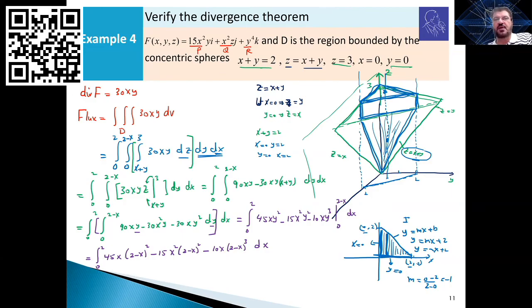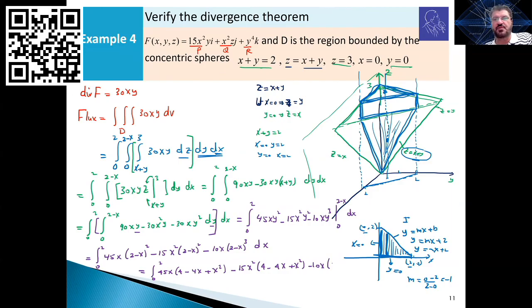All right. Now we have to expand all of this, unfortunately. So this is the integration from 0 to 2 of 45x times (4 minus 4x plus x squared), minus 15x squared times (4 minus 4x plus x squared), minus 10x times the cube of this.